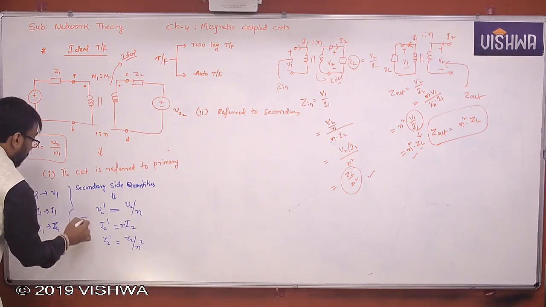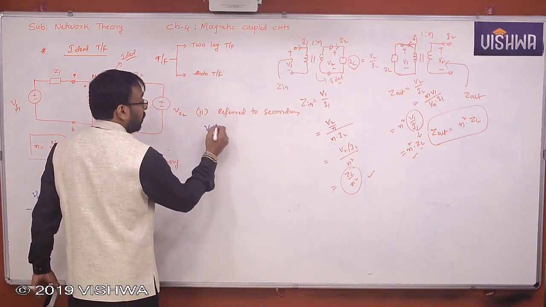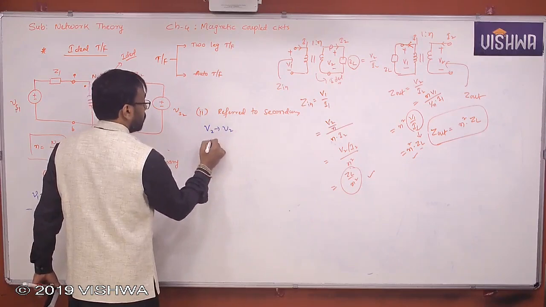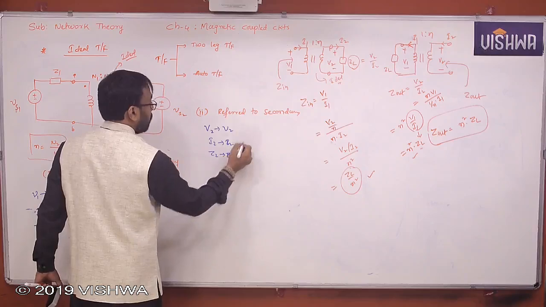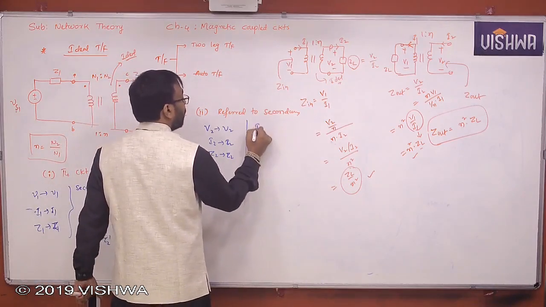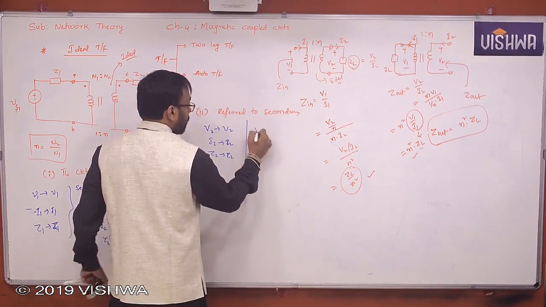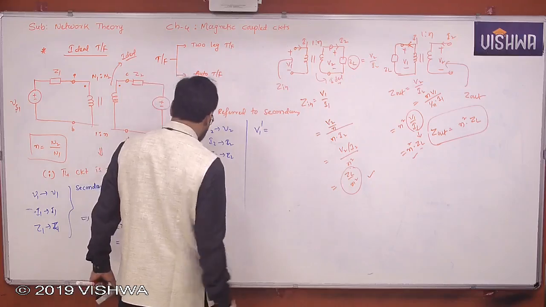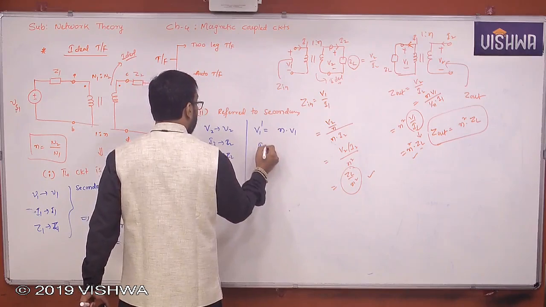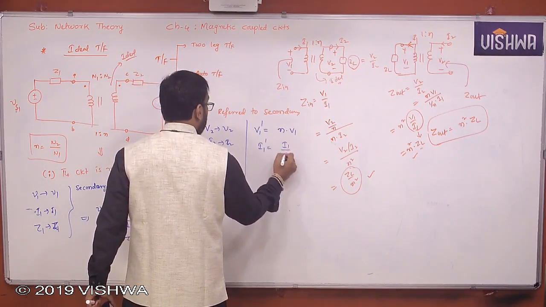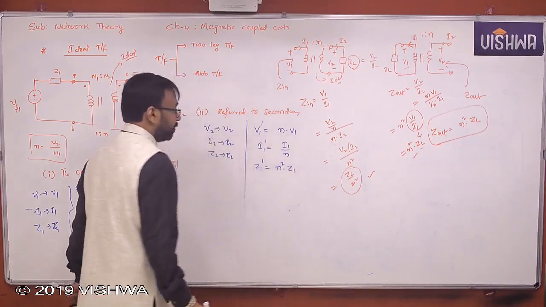But the problem is with what? V2, I2, Z2. Now here, refer to secondary, V2 remains V2, I2 remains I2, Z2 remains Z2. But V1 will become V1 dash. What is V1 dash? N times V1. What is I1 dash? I1 by N. What is Z1 dash? N squared times Z1. It's clear now?